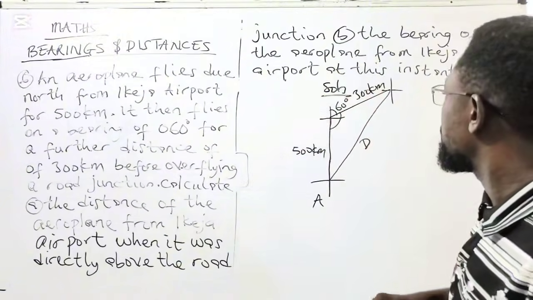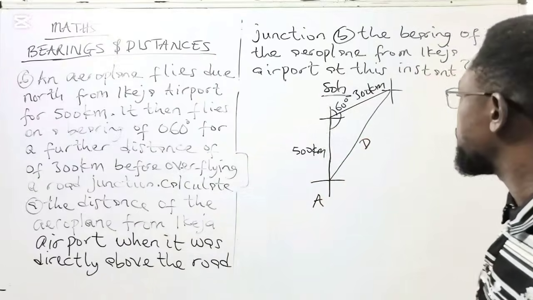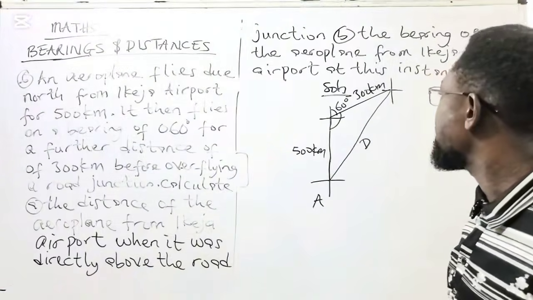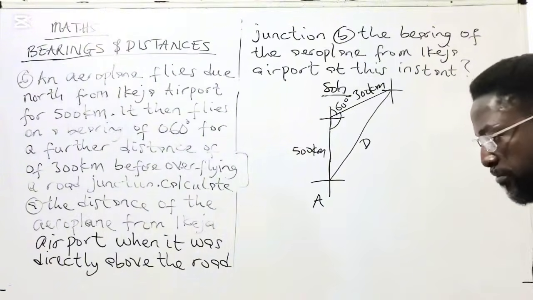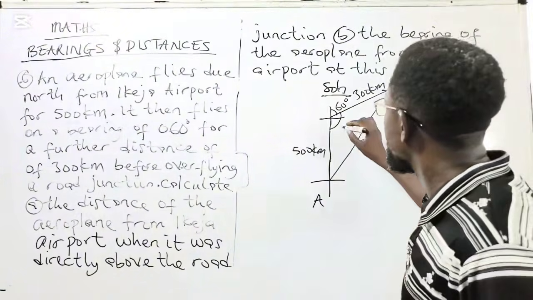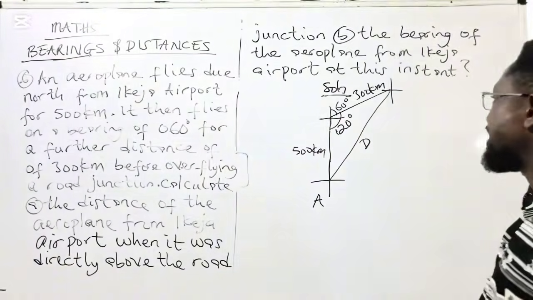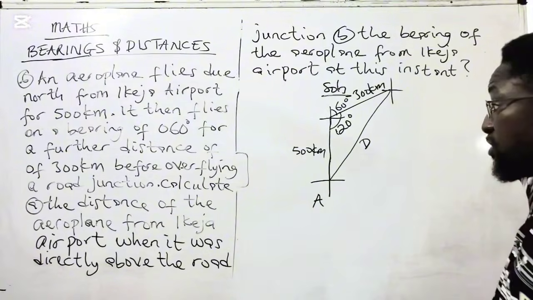Or better still, from this point to this point is 180 degrees. So if I remove 60 from the 180 degrees, I'll get 120 degrees. So this angle is 120. But you can just say 90 plus 30. That is still 120 degrees. So now I have that.